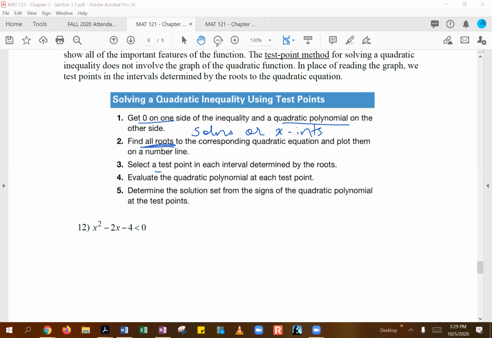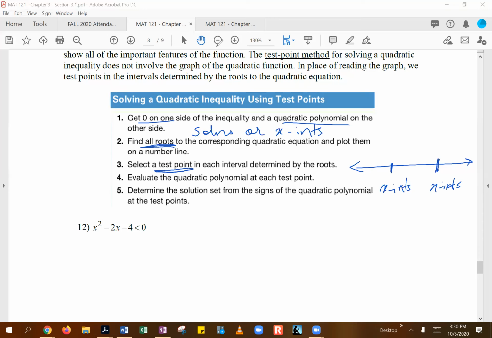Then the idea is we select a test point from each of those intervals. Once you find your roots, we would put them on a number line, which represents our x-axis. If you have more than one x-intercept, let's say we have two of them, we would mark them on our number line.